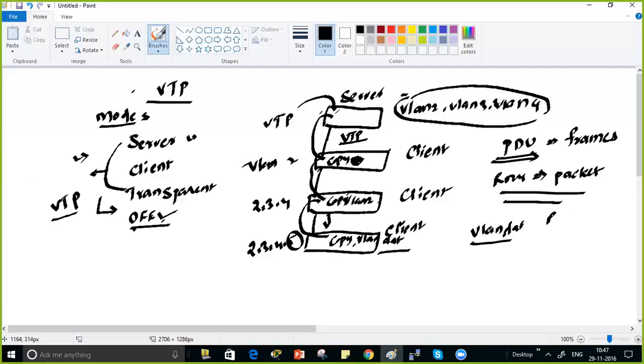In cables, bits. Why I asked: here it will send VTP frames to all the switches. Now I will explain in the lab.